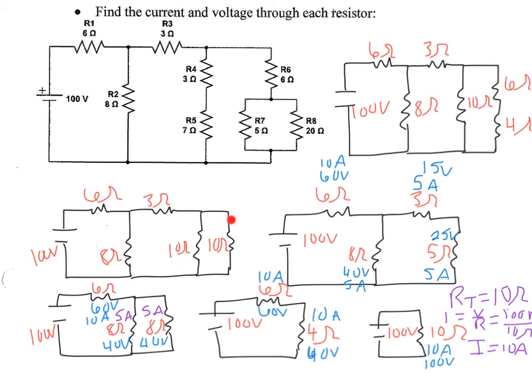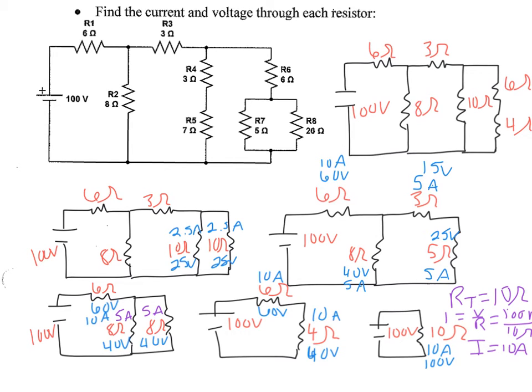Okay, these two resistors were in parallel. They became this resistor. So that means that each of these have the same voltage. So 25 volts, 25 volts. Their current is equal to V over R. So 25 divided by 10, 2.5 amps and 2.5 amps.